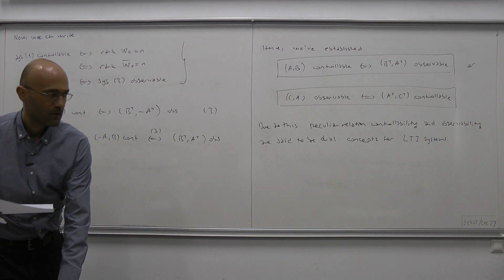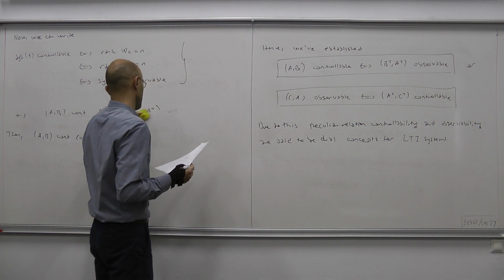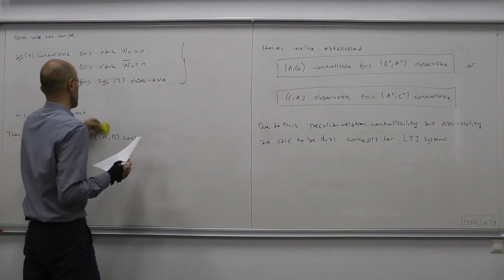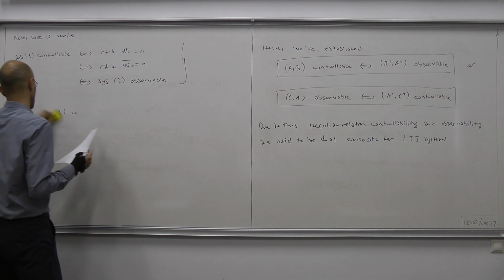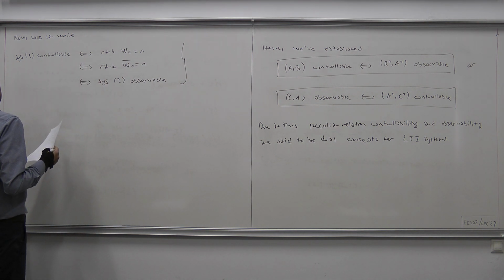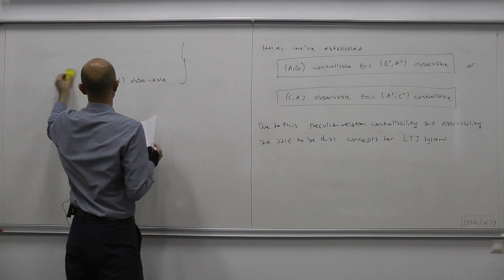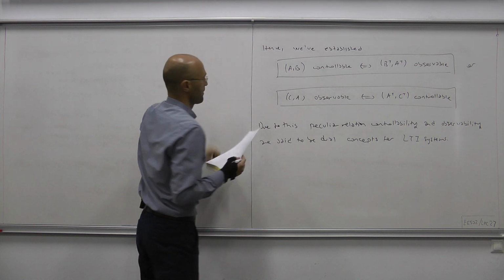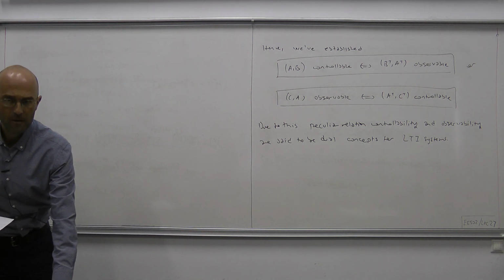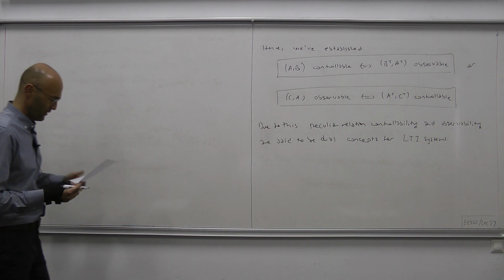Now let's therefore start making use of this very important property, namely duality between observability and controllability. Thanks to which we will have many theorems without really needing to prove.